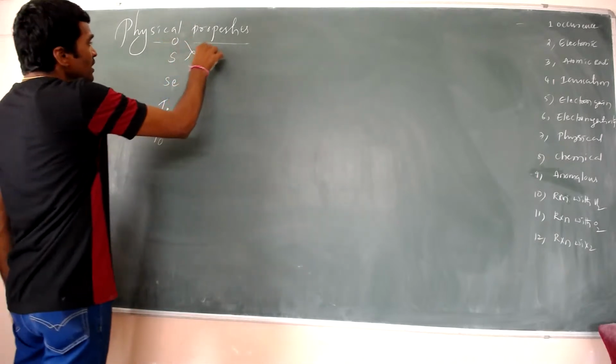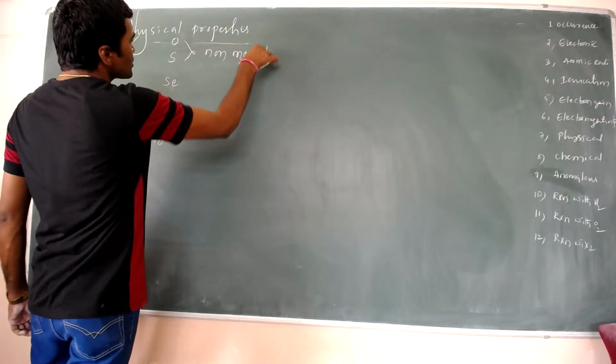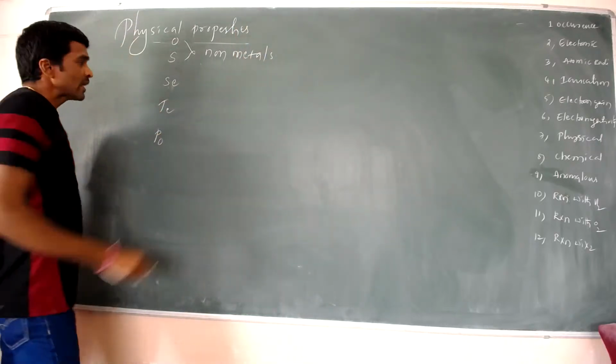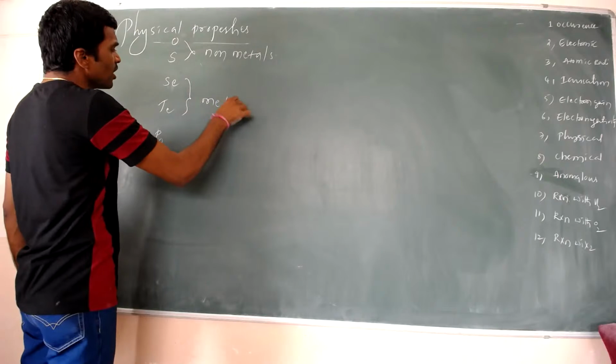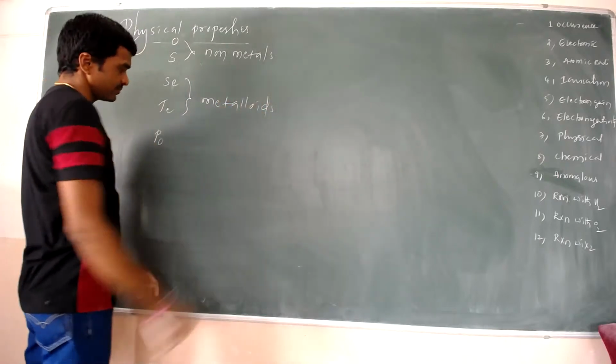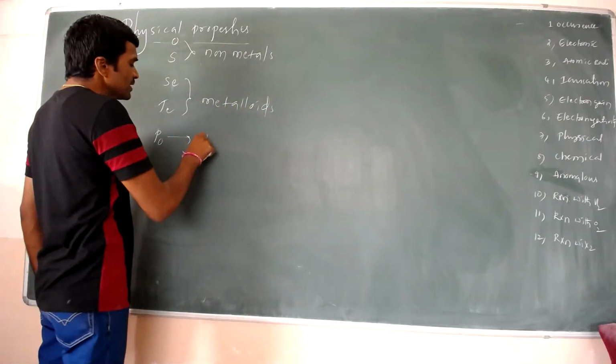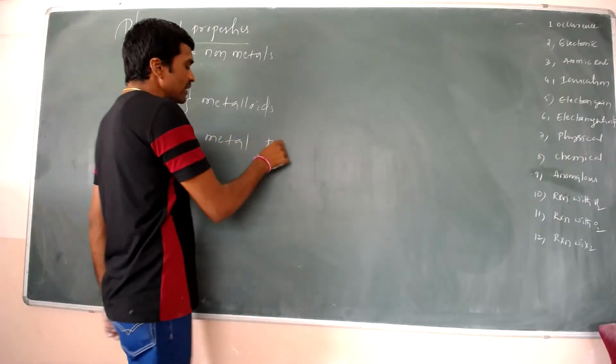Oxygen and sulfur are non-metals. Selenium and tellurium are metalloids. Polonium is a metal and a radioactive element.